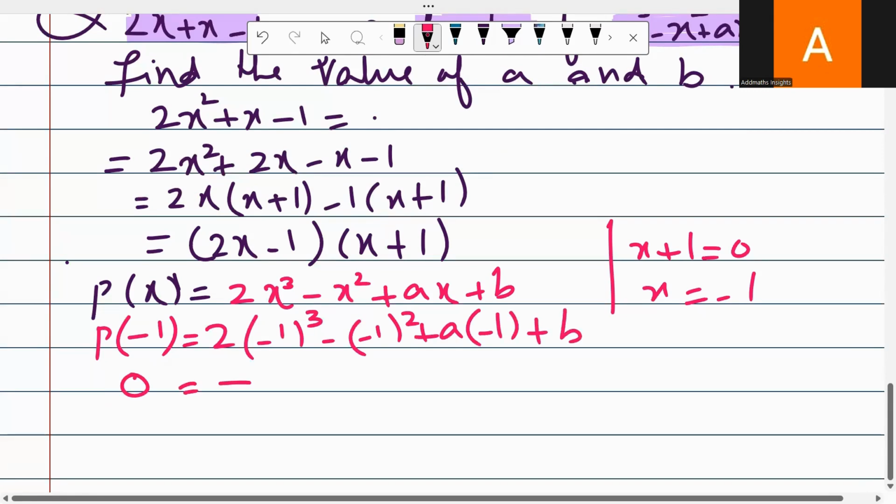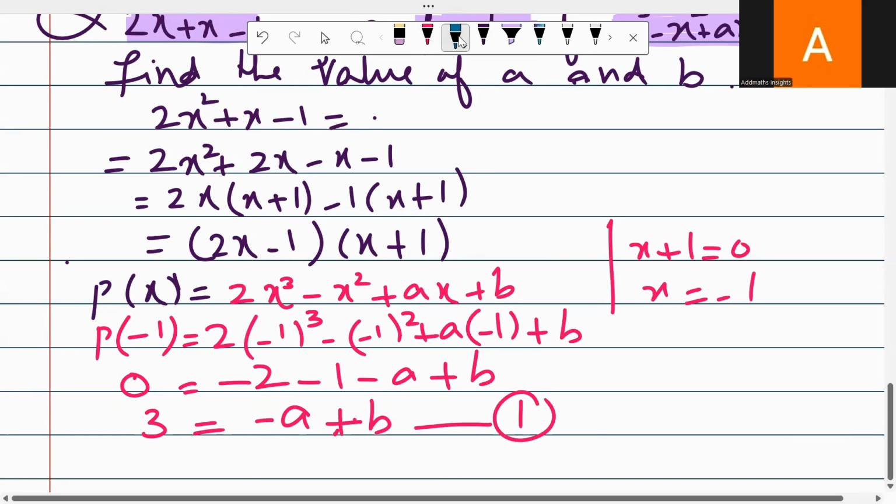And when you solve it, minus 2, minus 1, minus a plus b. So you take this 3 on the other side. So you get an equation 3 is equal to minus a plus b. This is equation number 1.